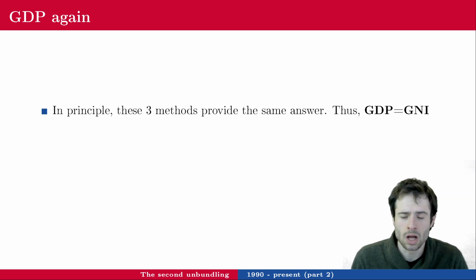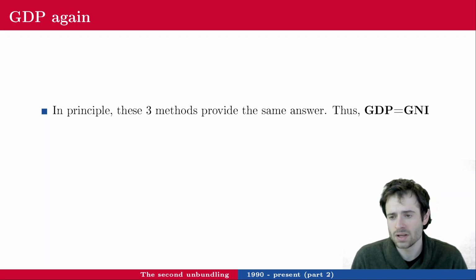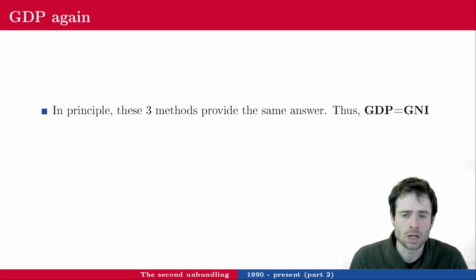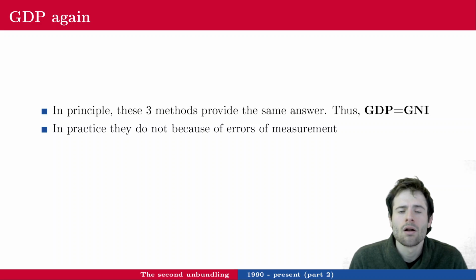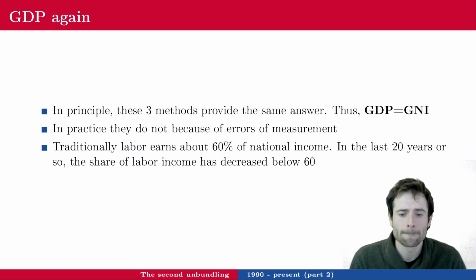So gross domestic product is equal to gross national income. There can be errors of measurement here and there, so there are some discrepancies. Not a big deal. They are usually fairly small. You can look at them online if you want to. And in general, labor earns about 60% of national income.